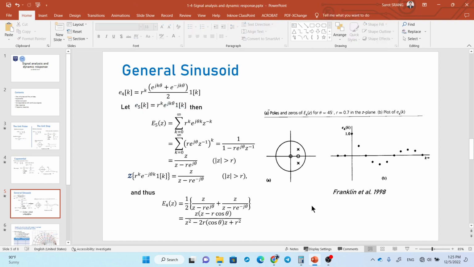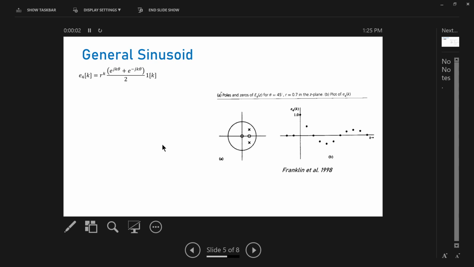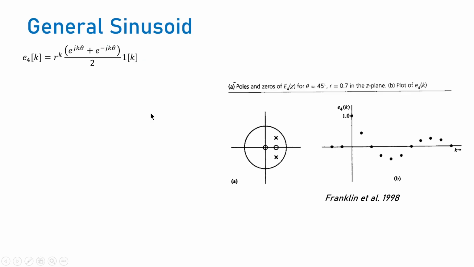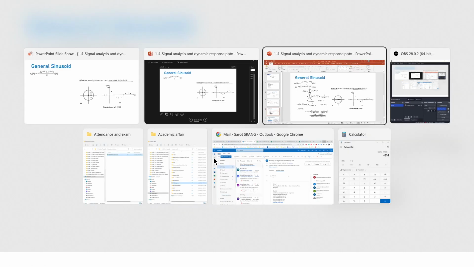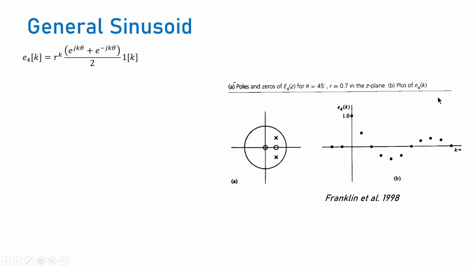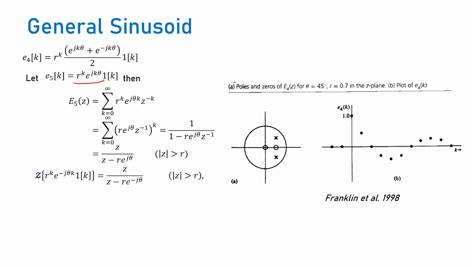Let me verify this one. Again. Yeah. So let's see only this term, r to the k and e to the j k theta.